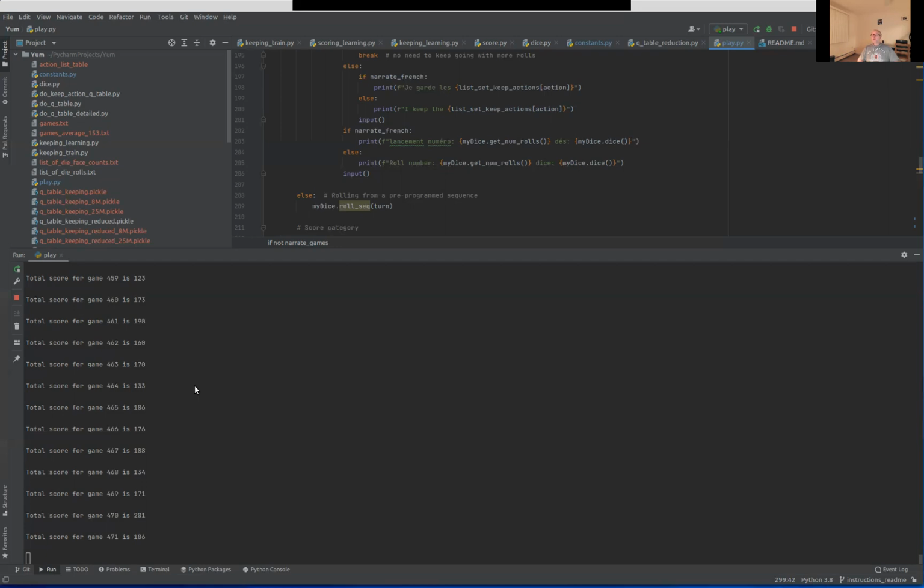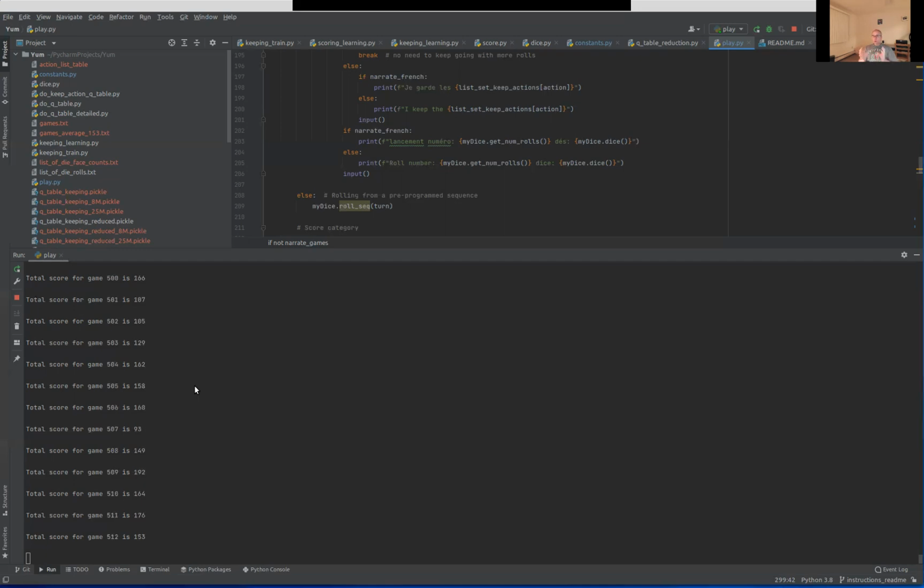One thing that I didn't mention in the previous video, when I was talking about Q tables, which is central to all of this really, is that this particular implementation uses two Q tables. One of the Q tables is specifically concerned with the keeping of the dice.